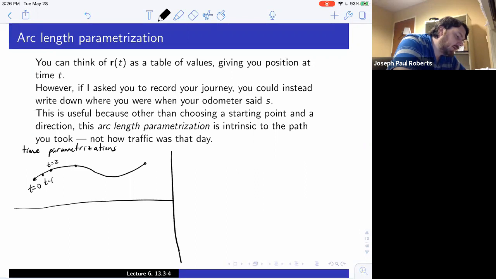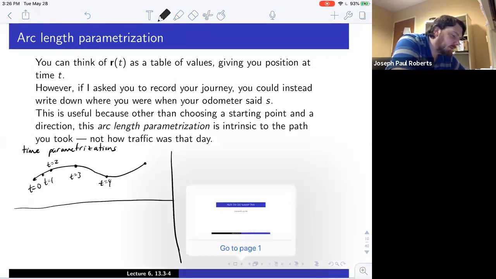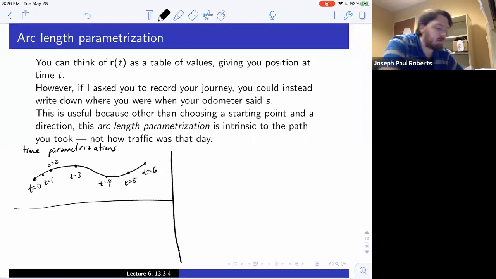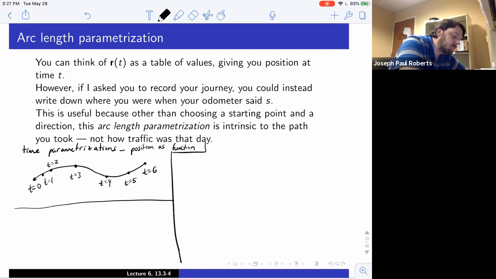But then let's say now you get on the highway, so at t equals 3, you're there, t equals 4, you're here. And then let's say that you decided to come up in the middle of August, so let's say a couple of weeks before classes start. So there's not much traffic, and you get to State College within, let's say, 6 hours. Okay, so that's, you could think of time parameterization as basically position as a function of time.